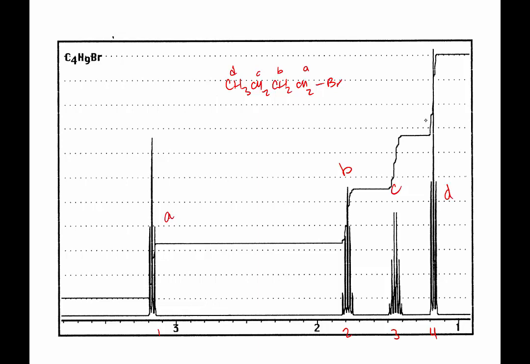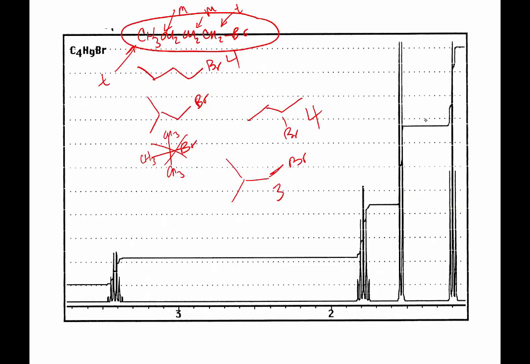So then we go back to this one. There's 4 peaks. What does it have to match up with? It's got to match up with the sec-butyl, right? So if I'm looking at the sec-butyl, here's what I'm going to do. First of all, I see a peak at 3. This is the hydrogen attached to the carbon attached to the bromine.